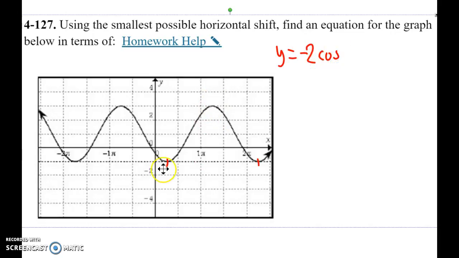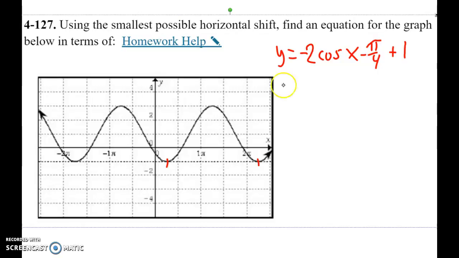Cosine, it looks like the period is a usual one, so my b value is 1. So we've got x, and then a horizontal shift of pi over 4, so minus pi over 4. And it's all shifted up by 1 unit.